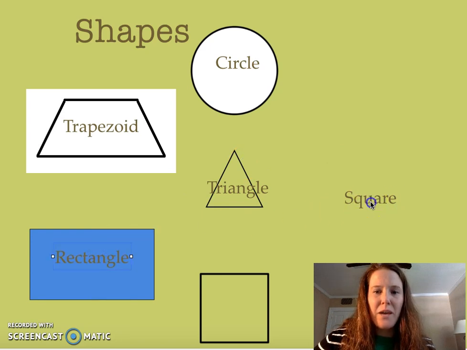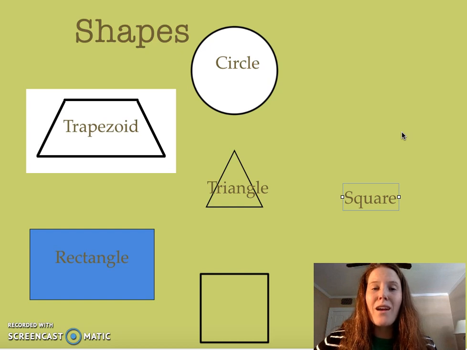So our next shape is a square. Can you show me with your fingers how many sides a square has? That's right. And do you know what makes a square special from the other 4-sided shapes? Well, a square has 4 equal sides, which means all the sides are the same.